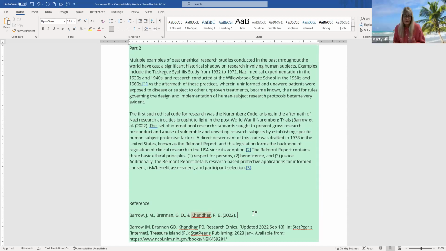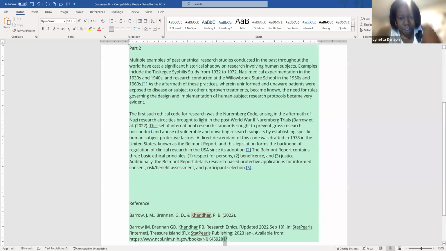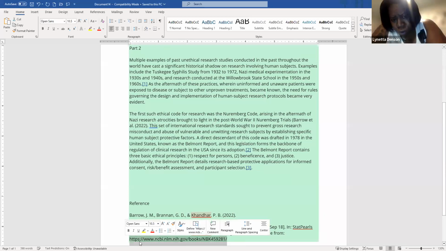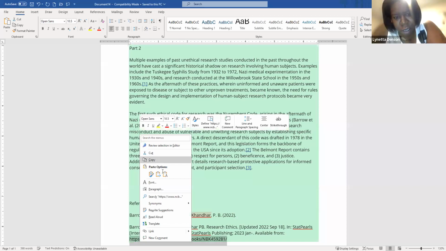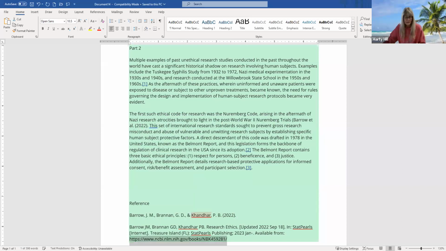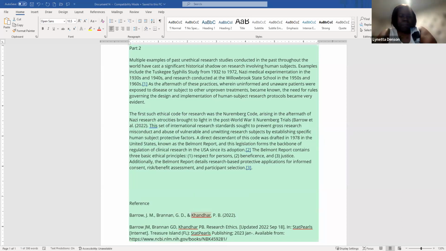So for right now, for this reference, I'm in question. I don't know what the title of this was. Was this an article? Was it a web page? What was this? Let me see. We can go there, let's check it out.